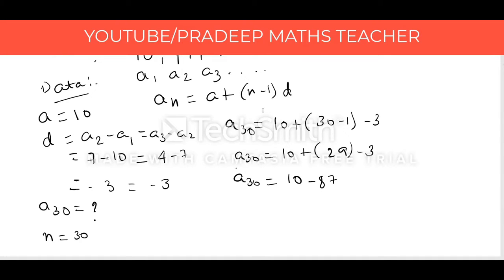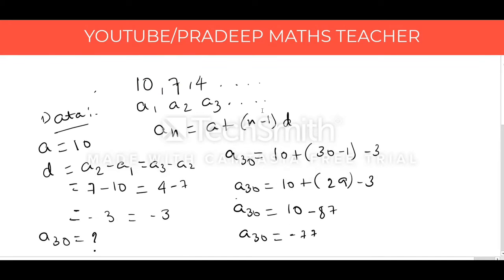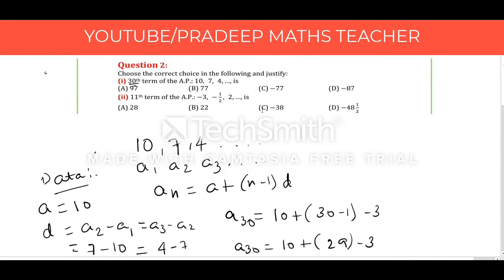Whenever you multiply numbers, you also need to multiply the signs: plus into minus is minus. Clear, children? Now the A30 term equals 10 minus 87, which is minus 77. This is the answer, and this is how we need to find it. Minus 77 is in option C, so option C is right, children.